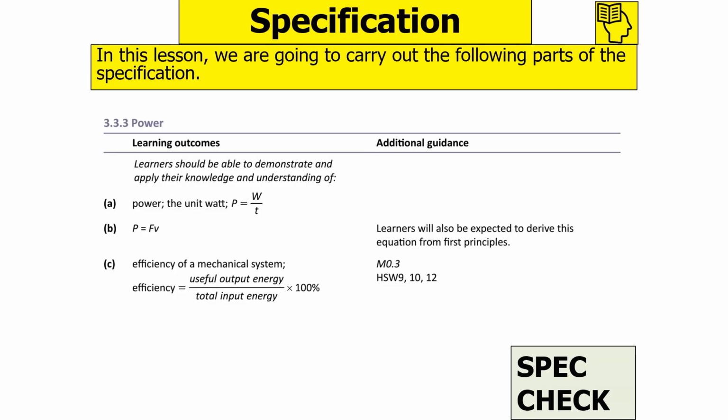So in this lesson we're going to be looking at the following parts of the OCR A-Level Physics specification. We're going to be looking at 3.3.3 power, including power, the unit of the watt, P equals W over T, P equals FV, the efficiency of a mechanical system, and efficiency is equal to useful output energy over total input energy times 100.